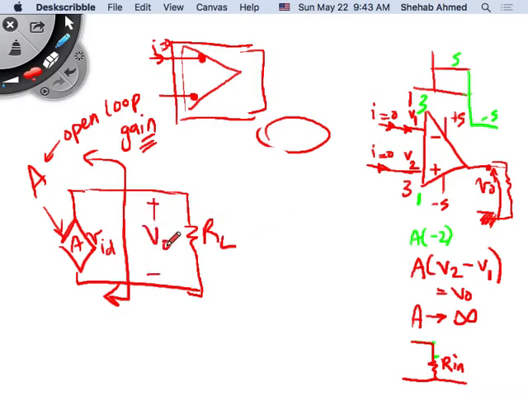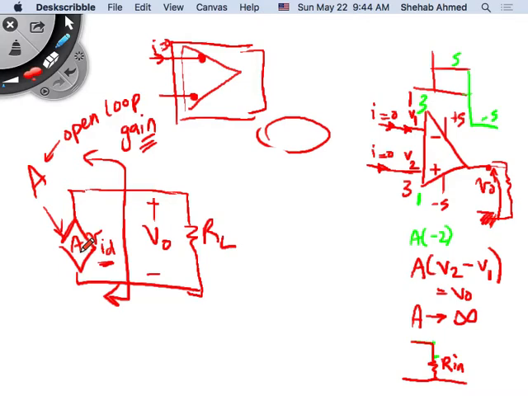This is my V output. Anytime I have VID, the output will be controlled purely by the value of the open loop gain multiplied by the input. Even if this is small and this is infinite, it will still be controlled purely by the open loop gain. I do not want that.